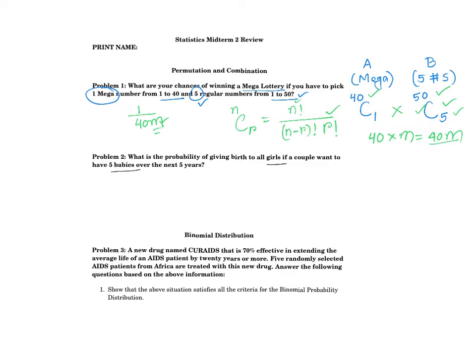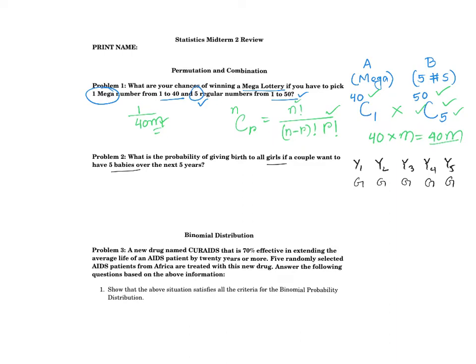Think of year 1, let's call it Y1, year 2, Y2, year 3, Y3, year 4, Y4, year 5, Y5. We want all girls, 5 girls, so you have to have all girls. Now, how many different ways could they have the babies over 5 years?